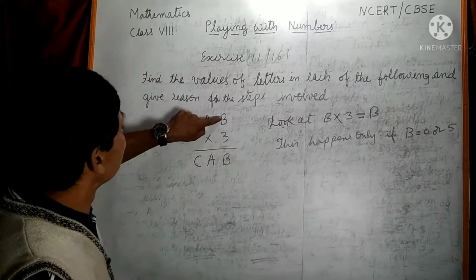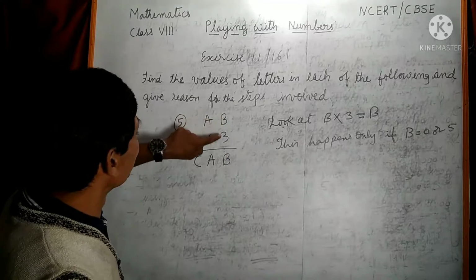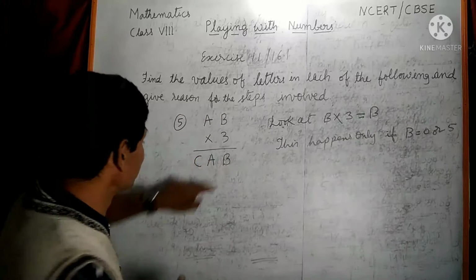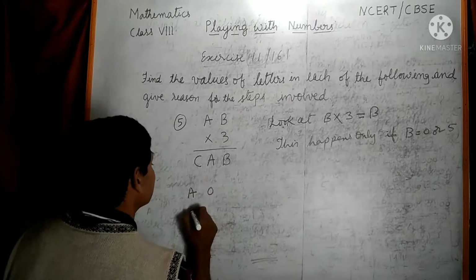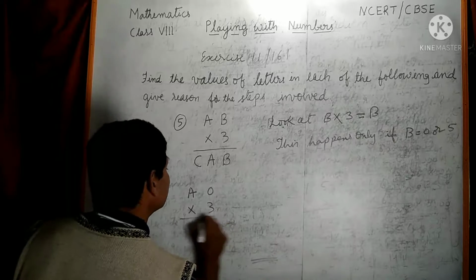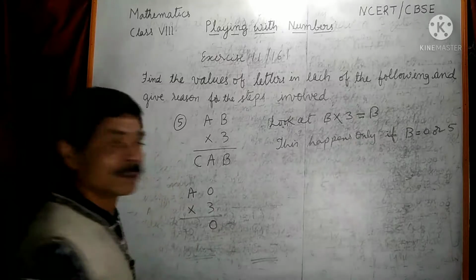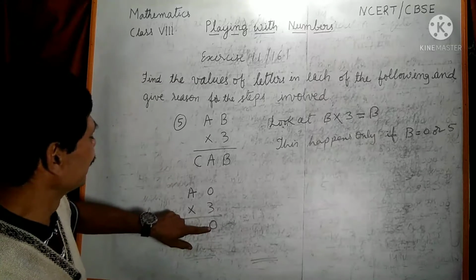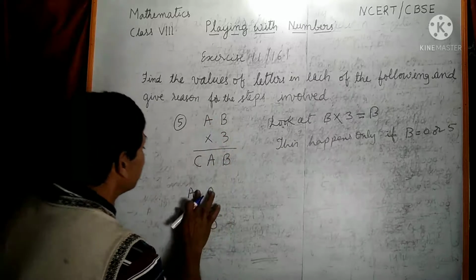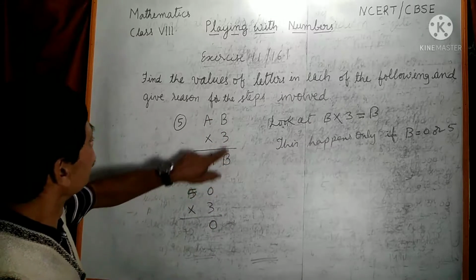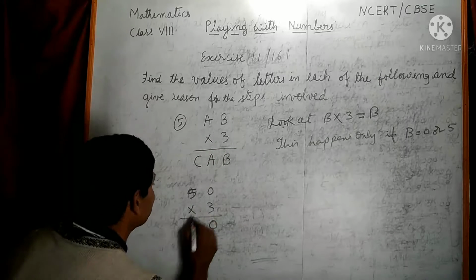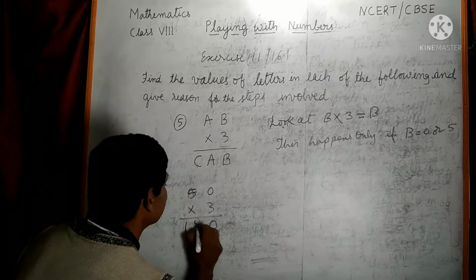When we substitute B is equal to 0, we will get here 0. So that we got 0 here. If we take 5, A is equal to 5, we will get 3 5s are 15.